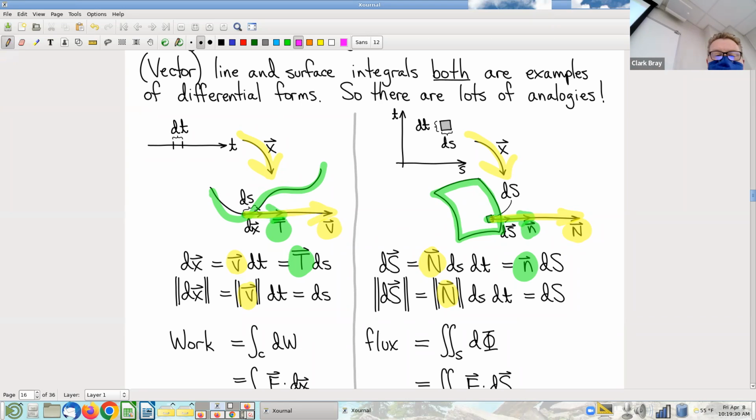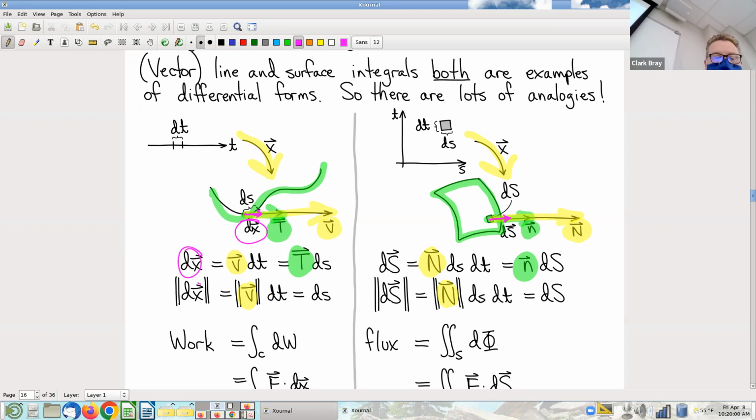So when you're talking about vector line integrals, there's this dx vector thing. That dx vector, its direction is the orientation direction. Its magnitude is the size. Well, likewise with surfaces, there's the dS vector. Its direction is the orientation, and its magnitude is the size of that piece of the domain.